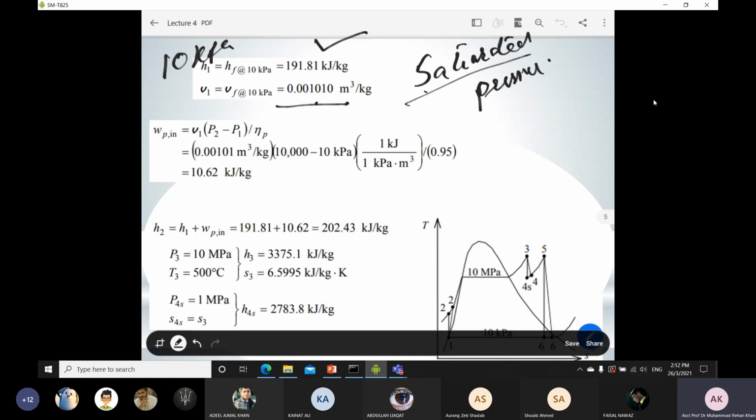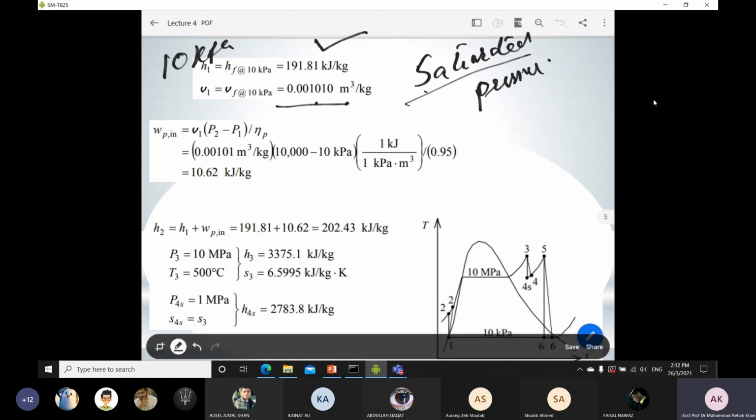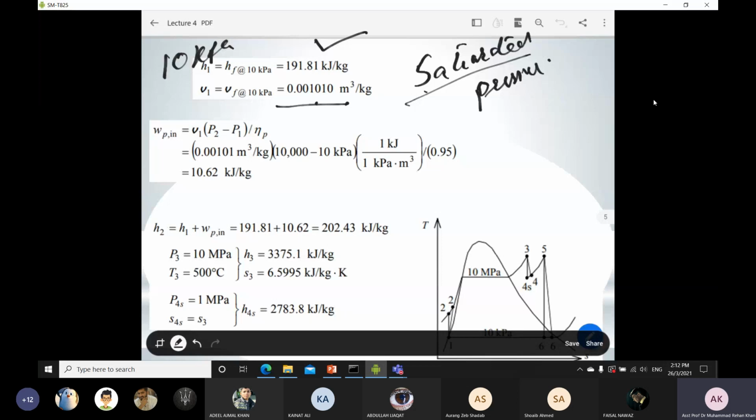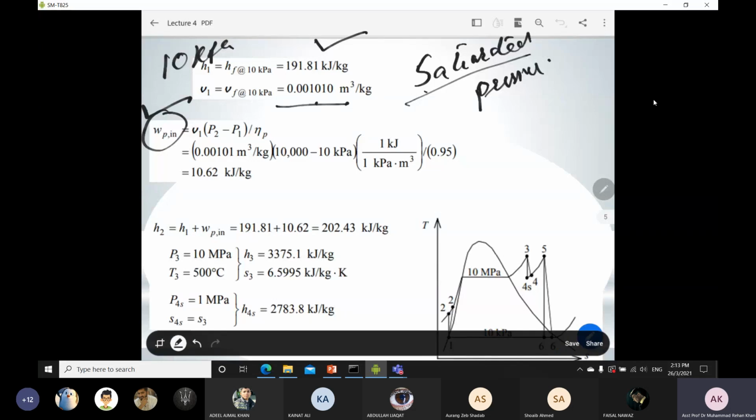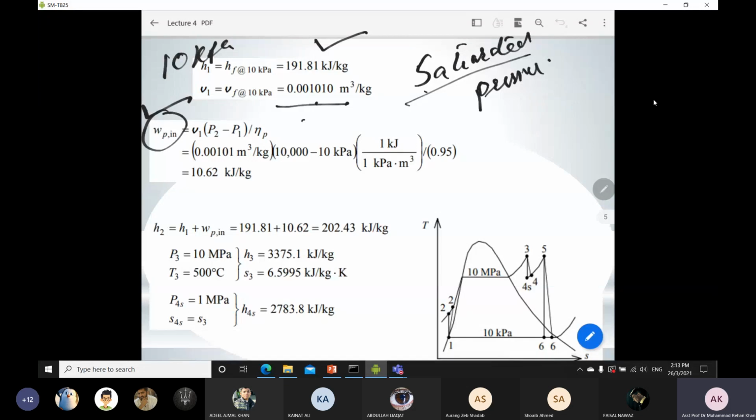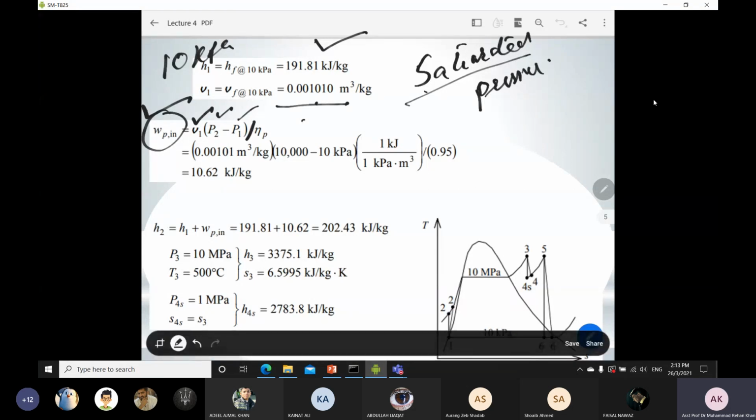Now coming towards the pump work. As we already know that the isentropic efficiency of the pump is given, it means we have to find the actual pump work rather than the isentropic one. Previously, in the previous question, when there was no irreversibility, we only found the isentropic pump work. Here we already know the specific volume times P2 minus P1 is the relation, and right now we have to divide by the isentropic efficiency of the pump in order to find the actual pump work.